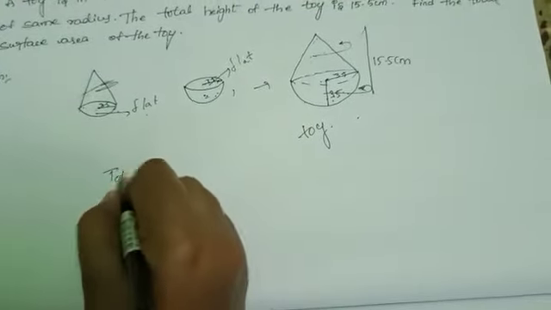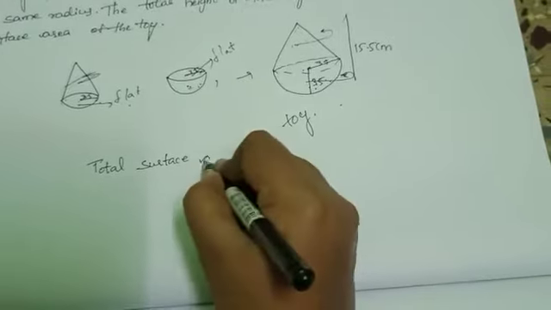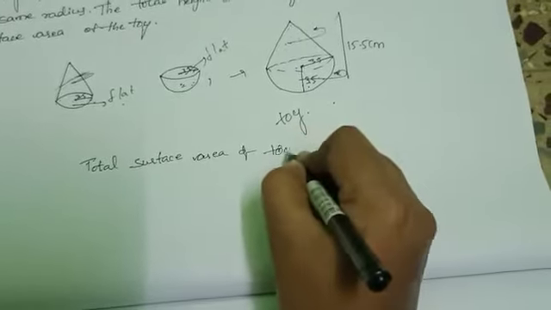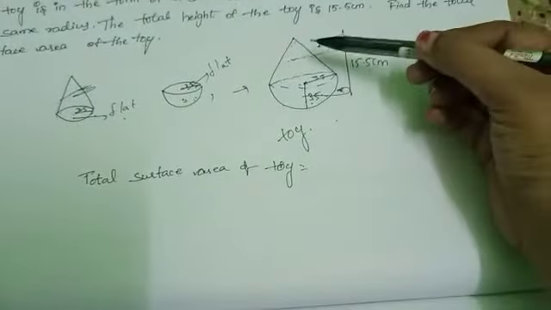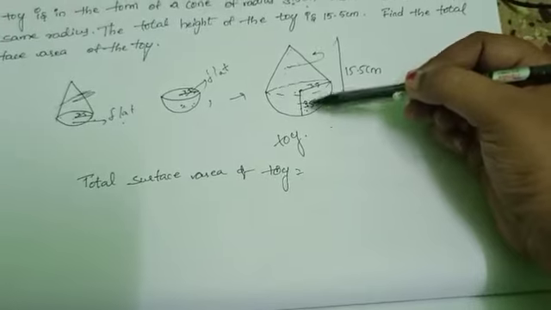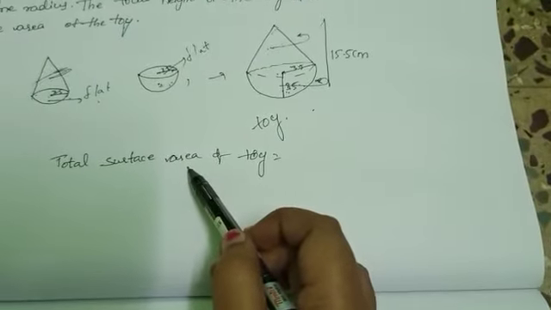Therefore, the total surface area of the toy equals the curved surface area of the cone and the curved surface area of the hemisphere. What is the definition of surface area?